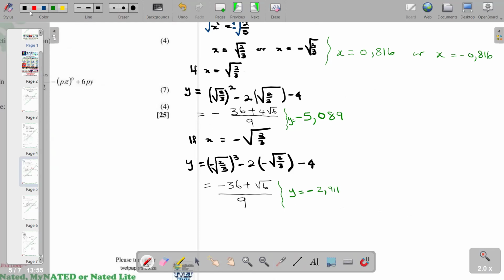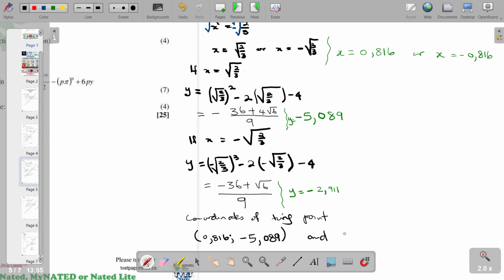Therefore, if we are to write now the coordinates of the turning point, because that is what was required, we are going to have, if we substitute this, which is positive 0.816, it's going to move with negative 5.089.